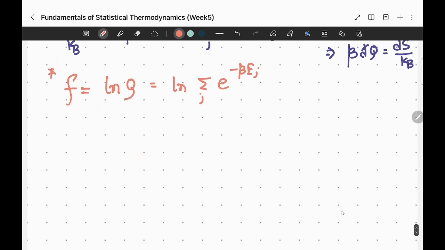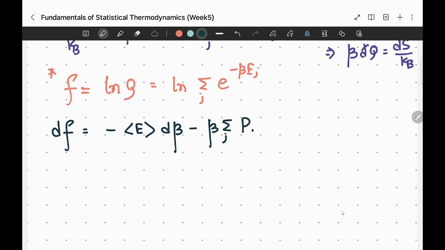So you can check it by yourself. If you differentiate, then df will be the average ε, dQ by Q. If you do it properly, you will obtain this. How can you obtain this?